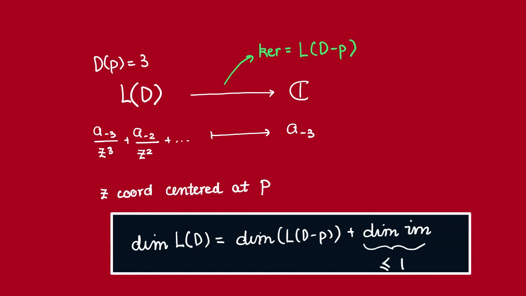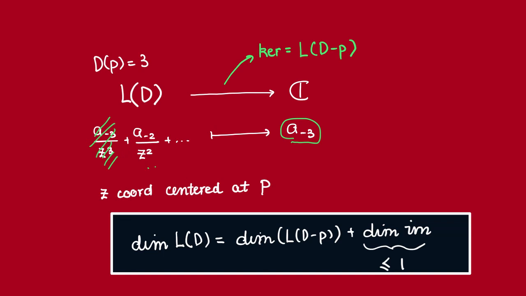We will send every element of LD to the coefficient of 1 over Z cubed. So what's the kernel of this? Well, the kernel will consist of elements whose coefficient, this a minus 3 coefficient, must be 0. That means the elements whose Laurent series centered at P starts with this term. That's exactly the elements of L of D minus P.